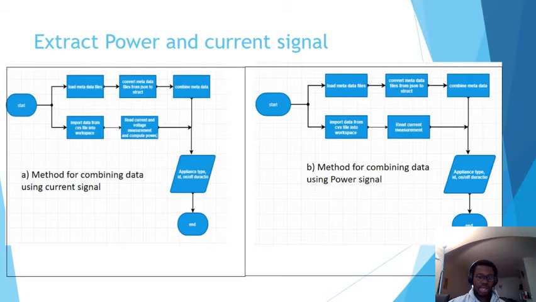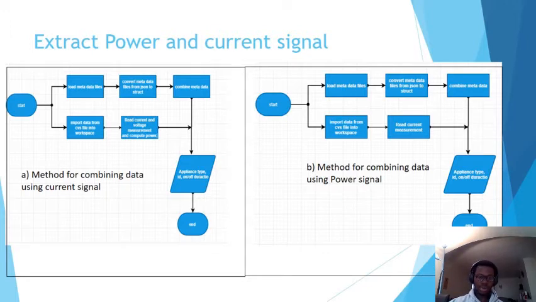Right here, I have the process flow for extracting the files, as well as creating an instance, a variable, of the first device. So here, if you're using the current method, which is on the left, then you would start off by reading the CSV file, which contains the raw data, as well as loading the JSON files which contain the metadata.